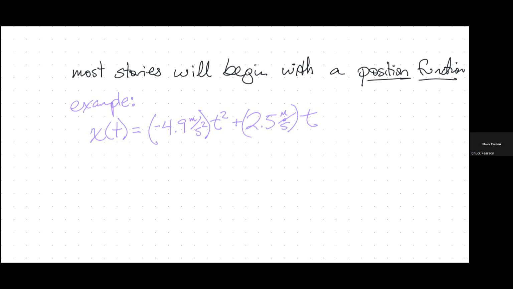Well, first off, what does that function actually look like? It seems to look like, if I plot out x versus t, something that's got an upward slope initially, but the t squared is going to have a parabolic shape to it.